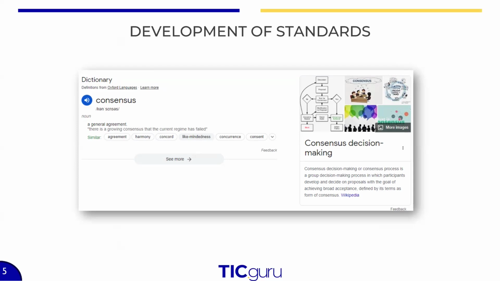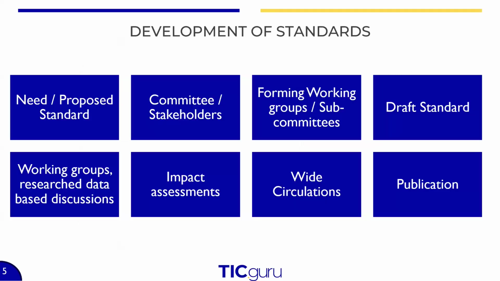Now, let us read through a typical journey of developing a standard. There is a need or there is a proposed standard. There is formation of a committee or stakeholders. Then subgroups are formed to undertake various aspects of the standard, and a draft standard is published. In order to substantiate, working groups could be created to research the data, and impact assessments could be utilized such that there is enough reasoning for why certain things in the standard are being written.